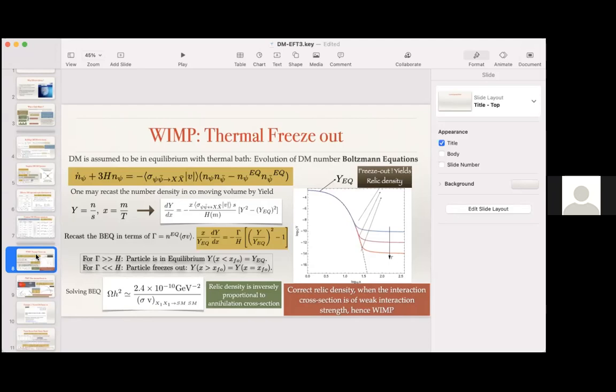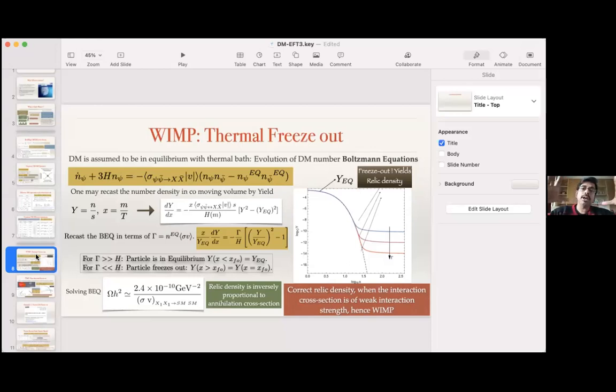The point is that while solving numerically, we get this particular result. But this is also not completely out of the box, because you see that there is this number density which is depleting with the expansion, with the larger and larger age. So there will be a point where it will be difficult for the dark matter to annihilate into standard model and revert back, right? So you assume that you have a box of particles which are actually talking to each other, and that's how they are keeping it in equilibrium.